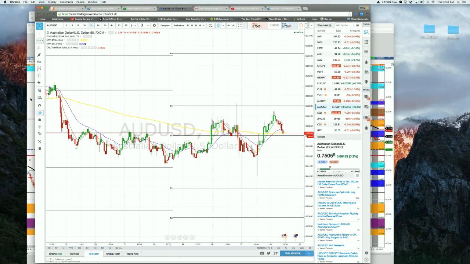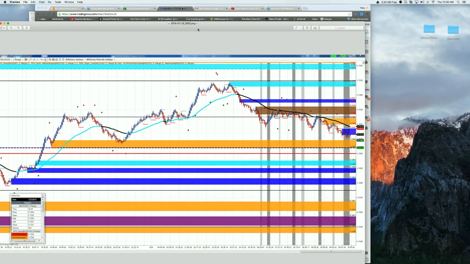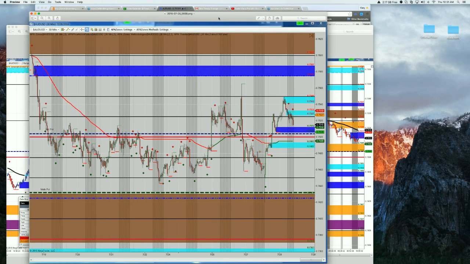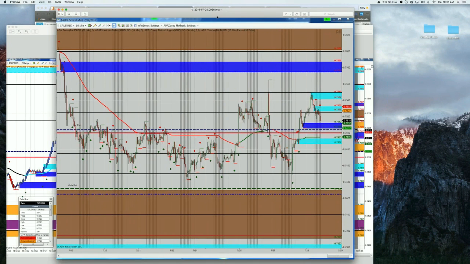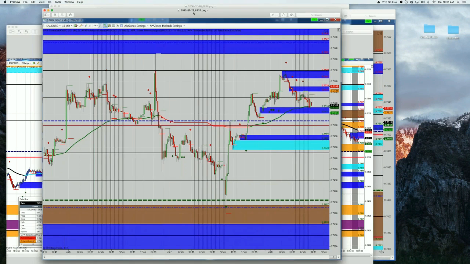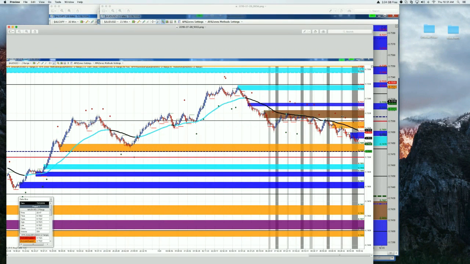Why is it where it is? Where has it been? And what is going to give me conviction to take a trade, long or short? How am I going to be able to make money from this today?